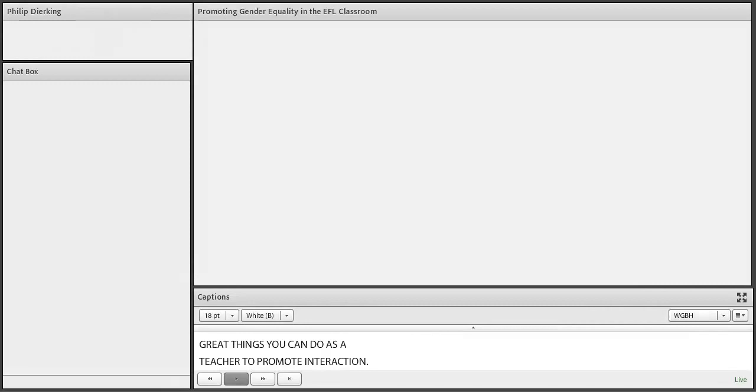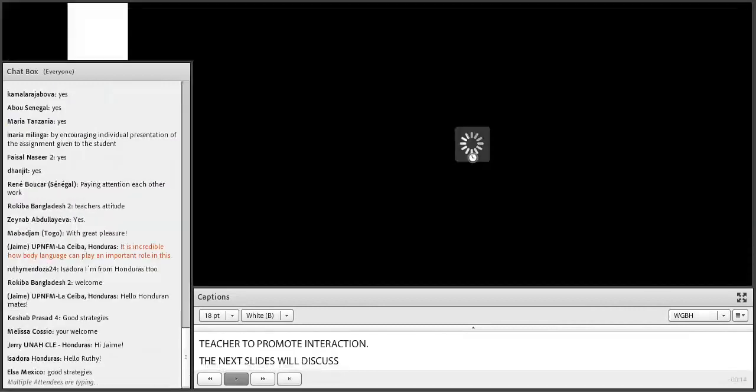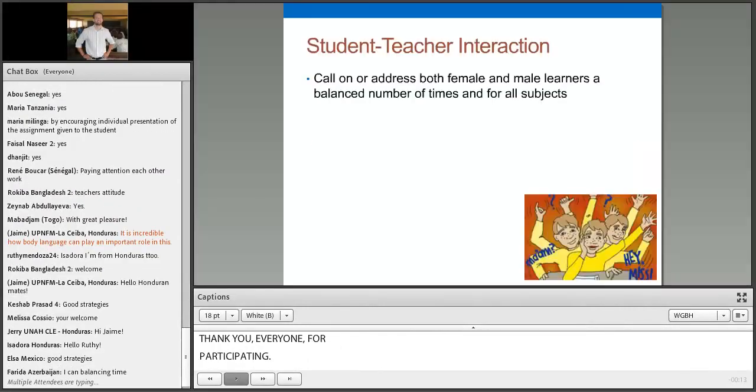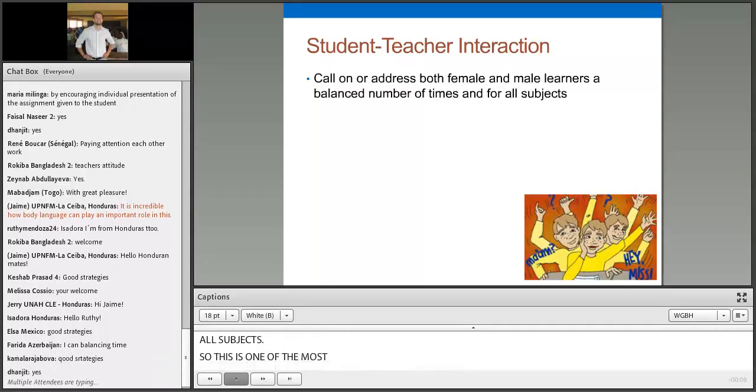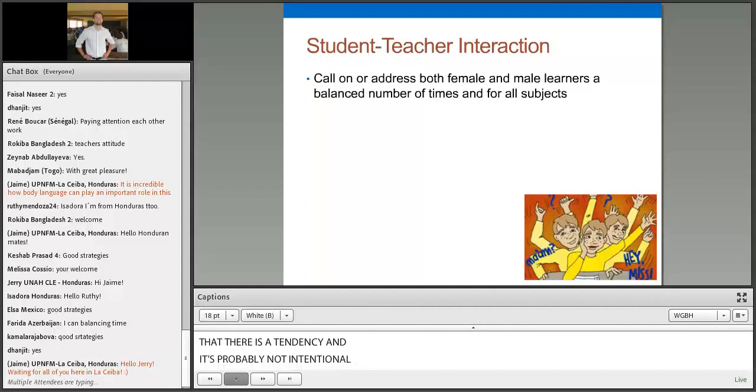And unfortunately, as I mentioned earlier, what research shows is that there is a tendency, and it's probably not intentional, and subconscious, but a tendency for both male and female teachers to initiate more interaction with male students and ask male students higher level questions. So if you're practicing noticing and being aware of your actions, you can address this.